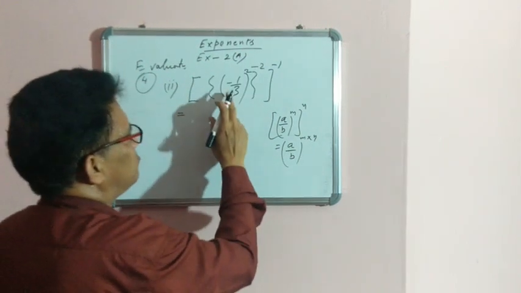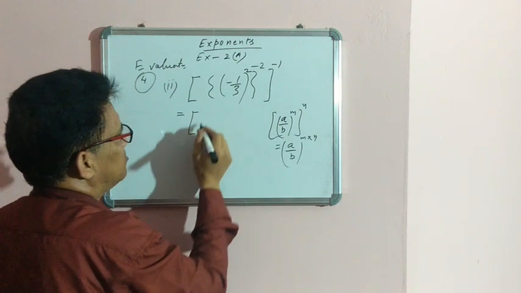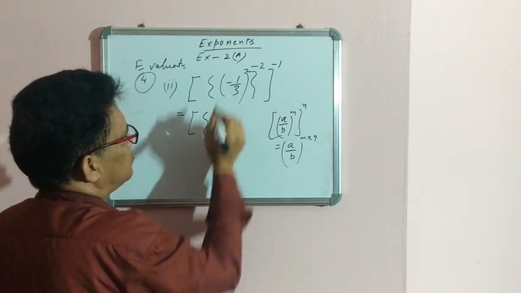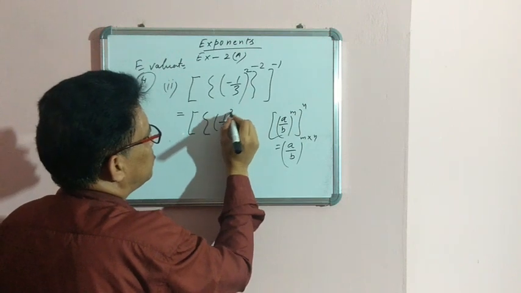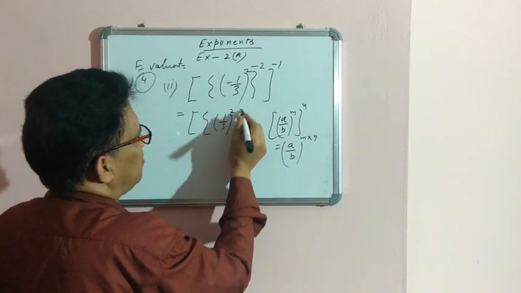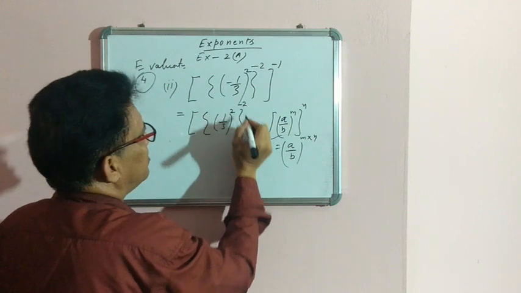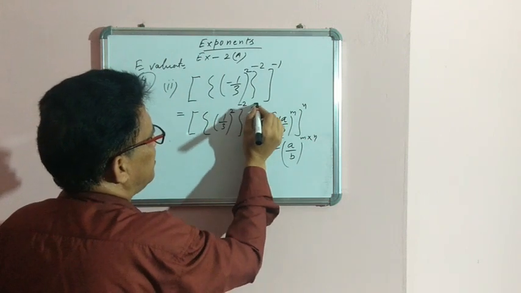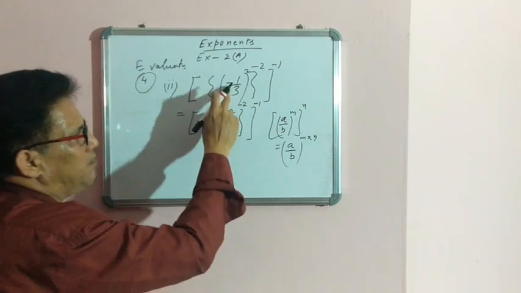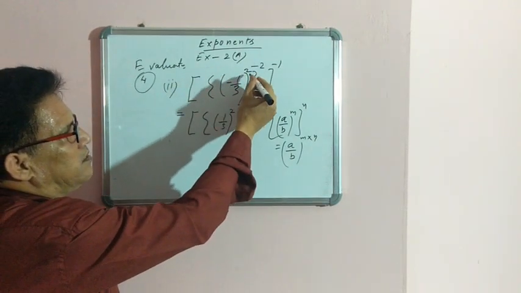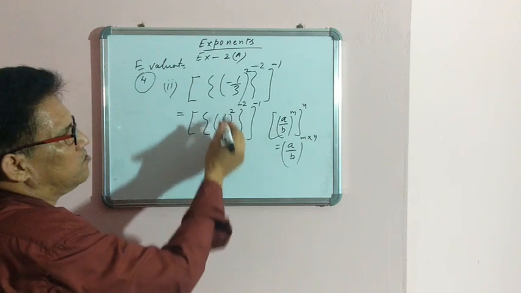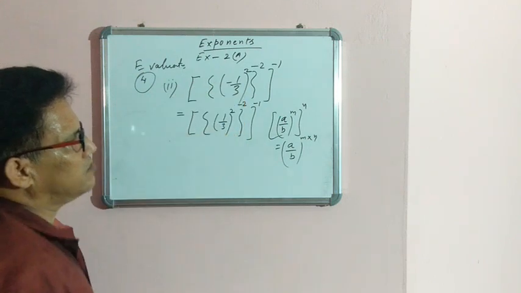So minus 1 by 3 itself first can be written as 1 by 3 power 2, then whole power minus 2, then power minus 1. I have written 1 by 3 because the value of n is even here, so I have not written the negative sign.